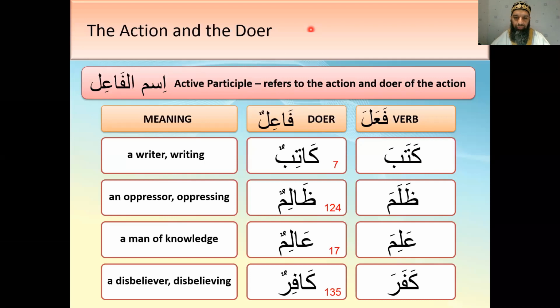We were going over these templates, and Fataha, remember, made Fatihun. Fatihun means the one who opens, opener.